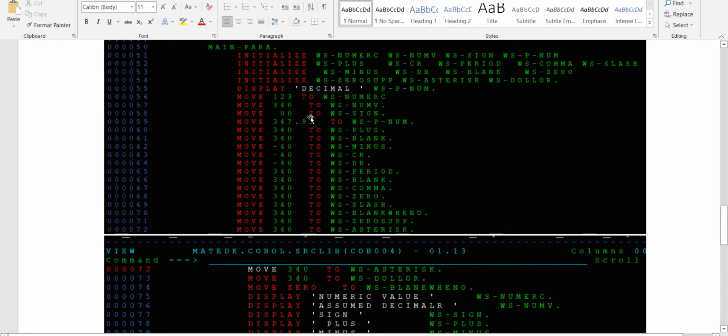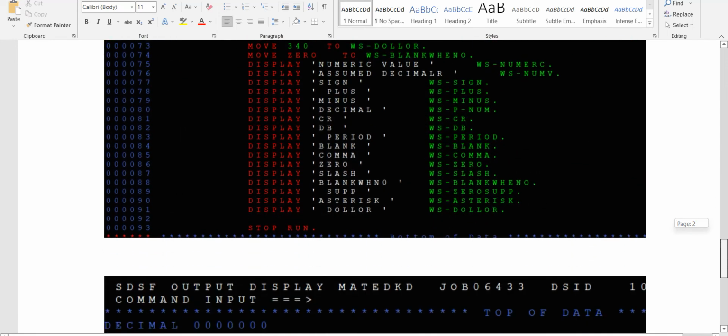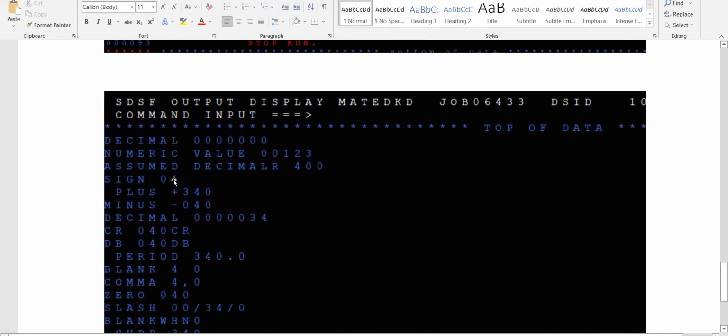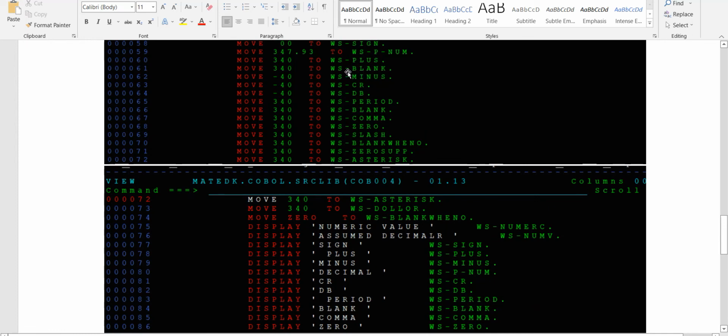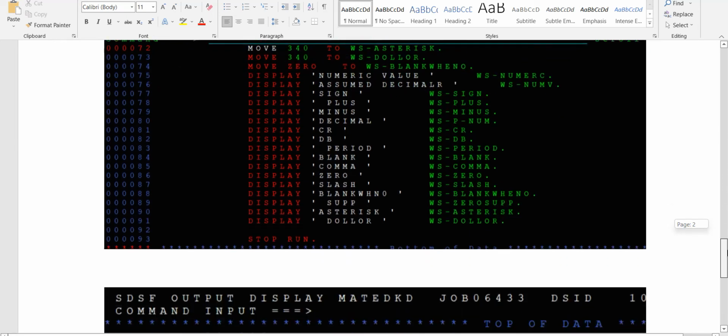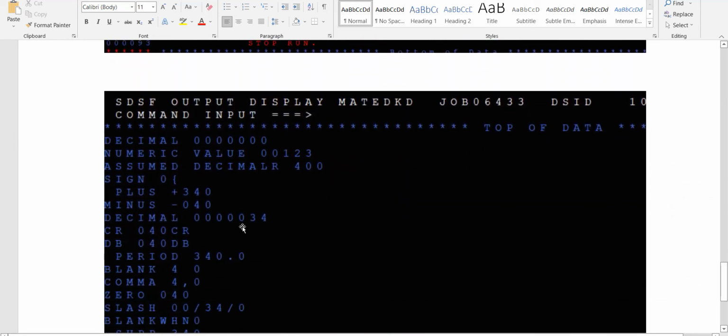Here I'm moving. So 0 0 I have stored. So for minus, this is a minus value, it will consider the sign generally. So it will store as 0 and opening brace, that is minus 0. So plus 340 we have given, plus 340, minus 340. What does the minus variable contain? We'll see. Here is the minus 40 we have stored. So it stores minus 040 because it is 3 digits, it added 0, so minus 040.